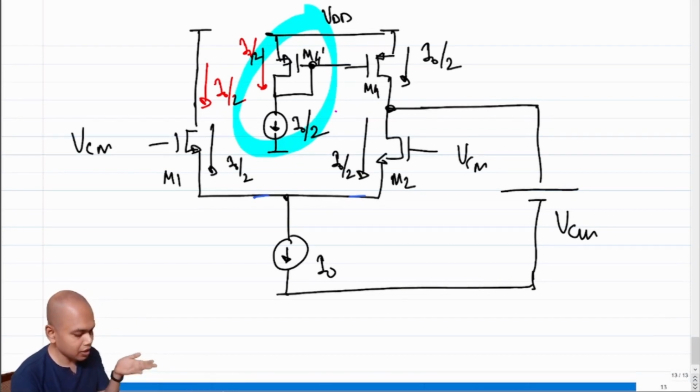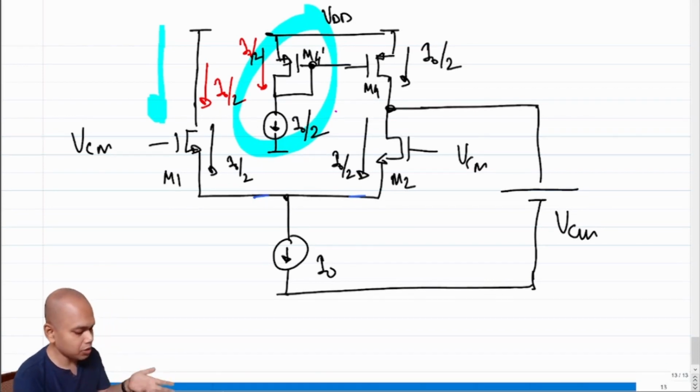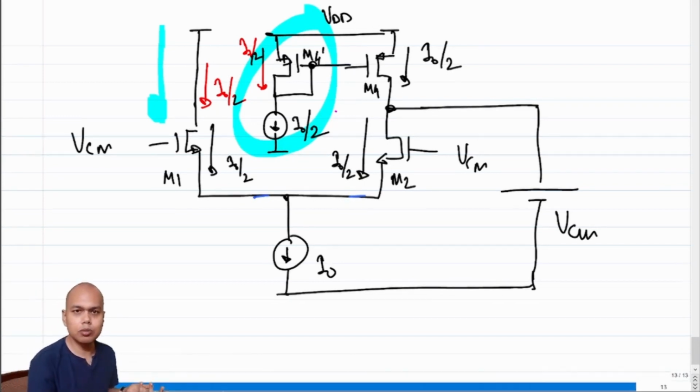It seems like we are unnecessarily using two current sources where we can get by using only one. The current through this guy is I naught over 2, and I am using M4 prime to get a current of I naught over 2. So why don't I use the current in the left branch and mirror it? That I can always do, right?